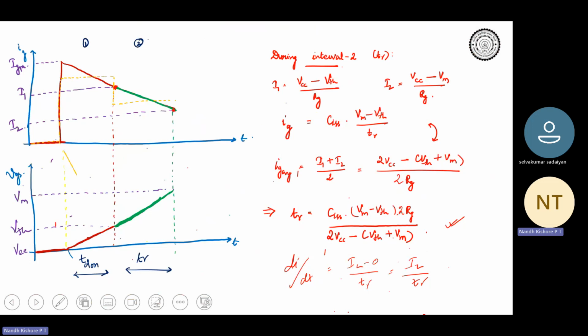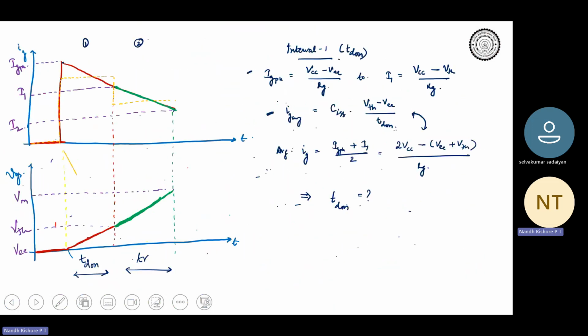So TR was CISS into (VM minus VTH) into 2RG, divided by 2(VCC minus VTH) plus VM, right? So what is CISS?